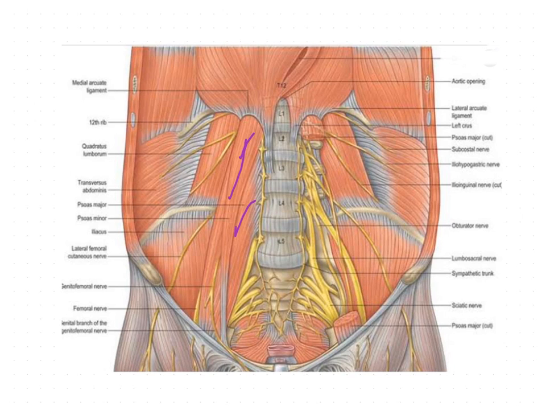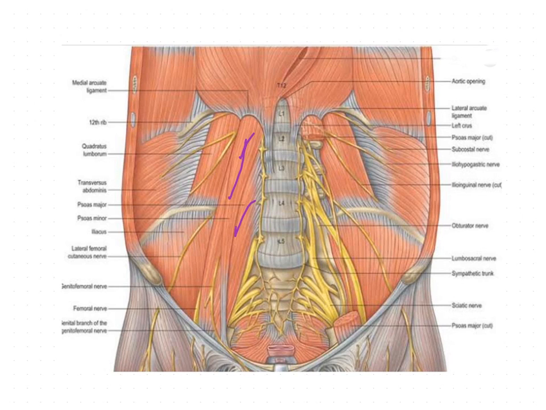How are these branches emerging on the posterior aspect of this muscle? Now we will see. The iliohypogastric nerve, ilioinguinal nerve and lateral cutaneous nerve of thigh, you can find those nerves here.